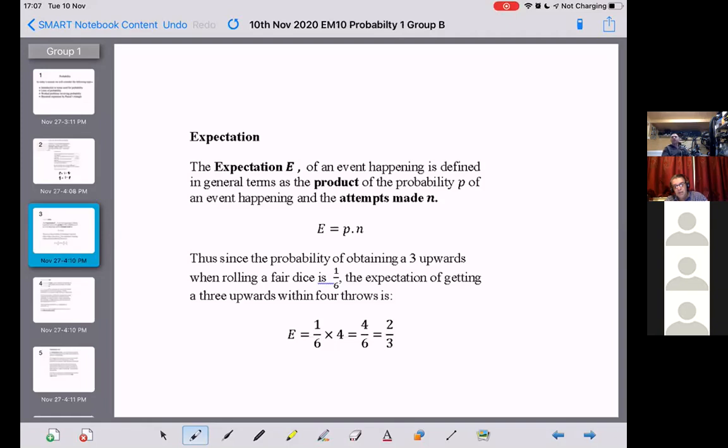The expectation of getting a 3 within 4 throws, so you throw it 4 times, is that probability of getting a 3, 1/6, times the 4 attempts, 4 over 6, which simplifies to 2/3. So that's expectation of an event happening with multiple tries.